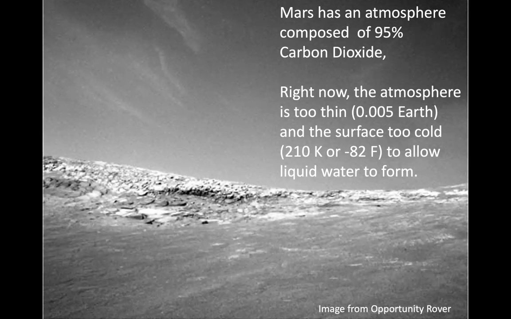That is, the total amount of stuff in Mars's atmosphere is 1/20th the total amount of stuff in Earth's atmosphere. So it's very tenuous. That together makes the surface of Mars very cold. It's like 210 Kelvin or about minus 80 degrees Fahrenheit. So it's cold, but not unimaginably cold.